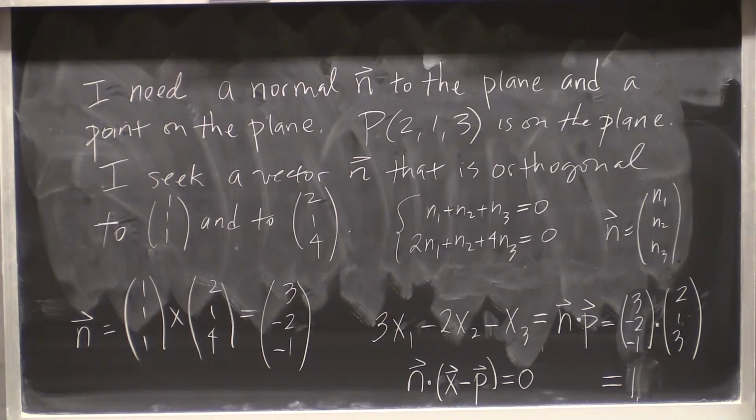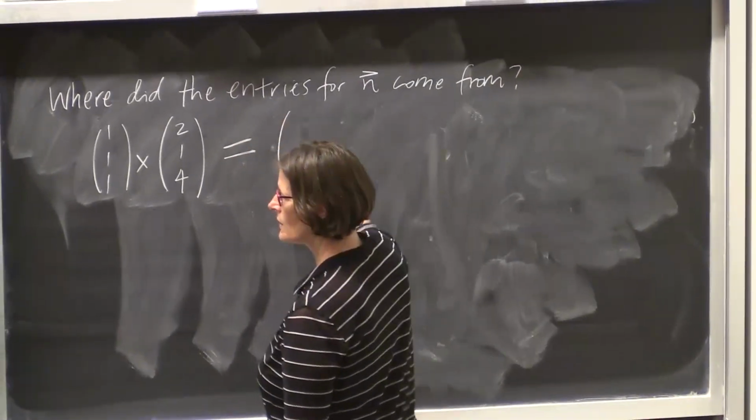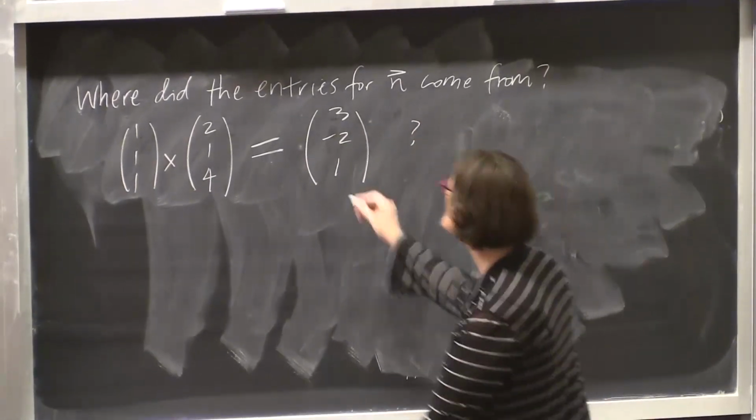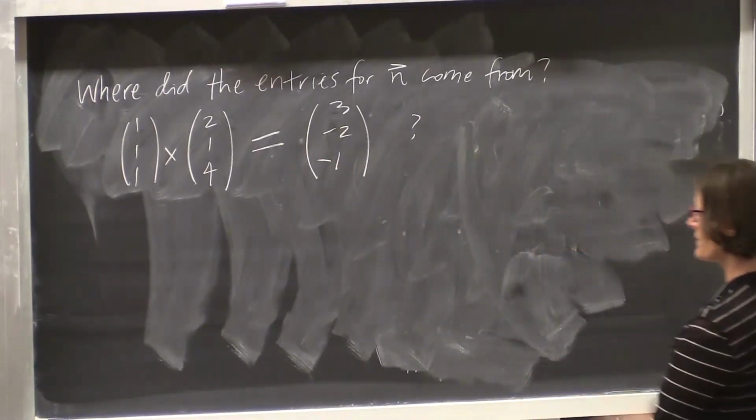Okay, so now we're at the question of (1, 1, 1) cross product (2, 1, 4). Why does this equal (3, -2, -1)? There we go.